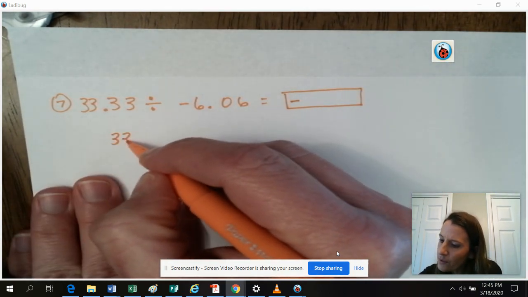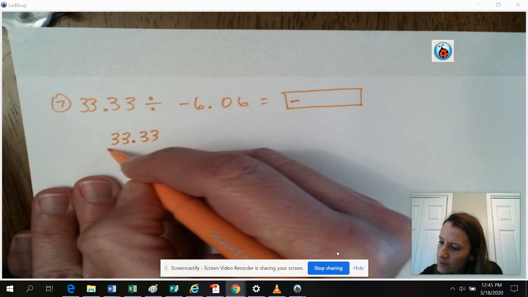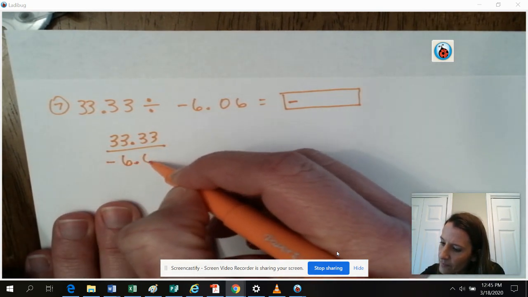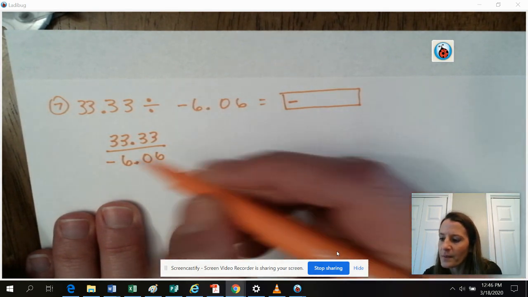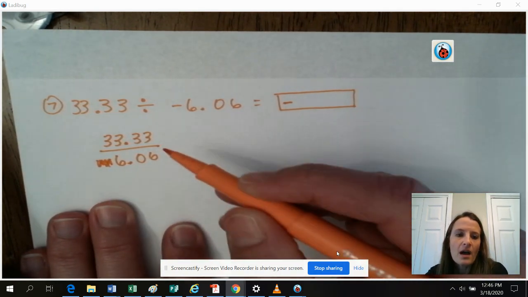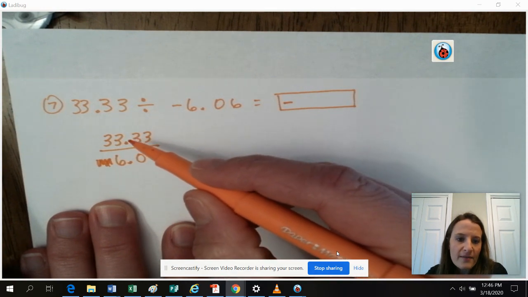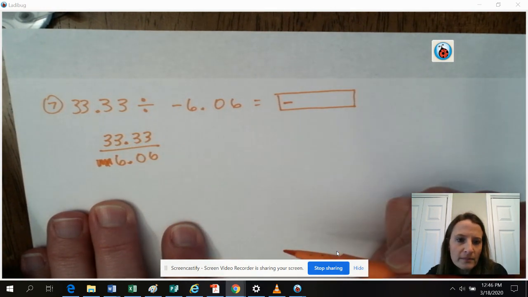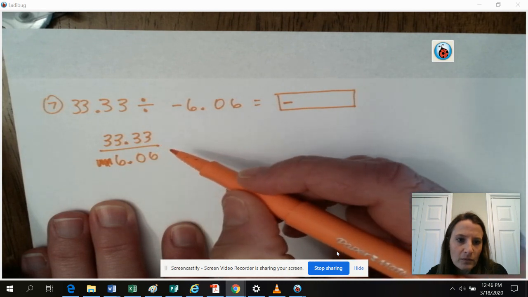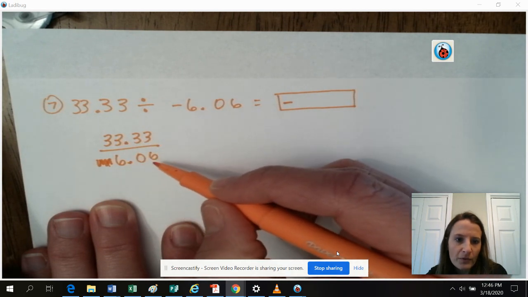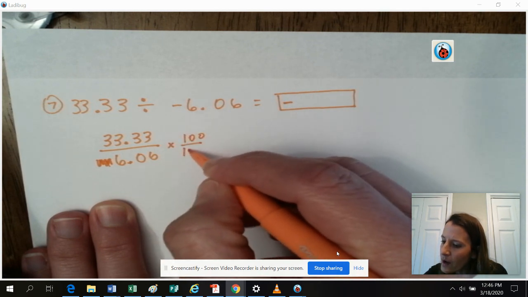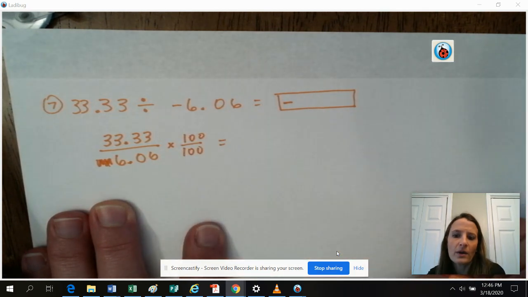So we're going to write an equivalent fraction. Actually, I'm not going to worry about the signs anymore because I've already taken care of it. So let's get rid of the decimals. If I multiply by 100, I will move my place value over to the right 2 places. I can also multiply the denominator by 100. If I multiply by 100 over 100, I'm really multiplying by 1 whole.